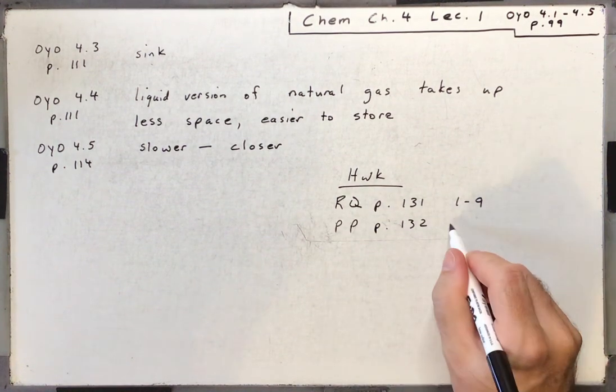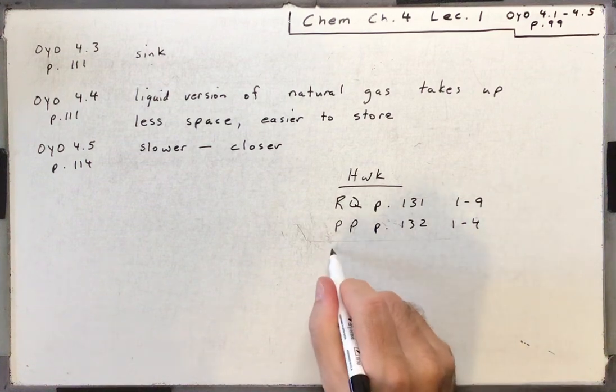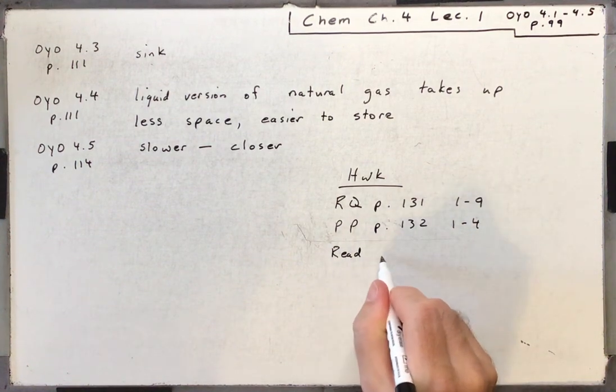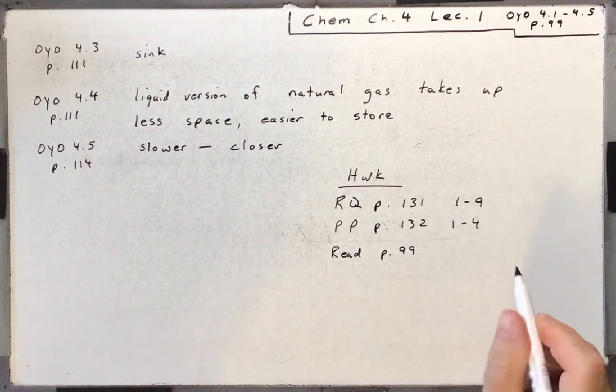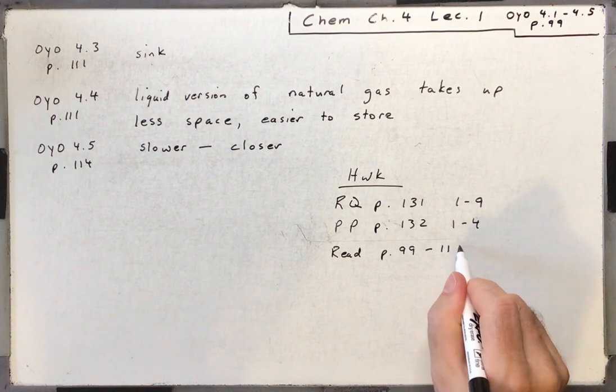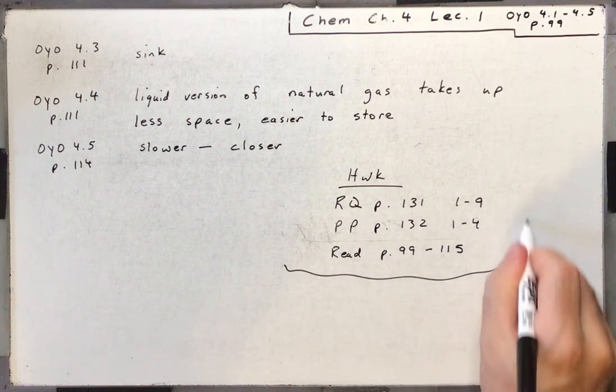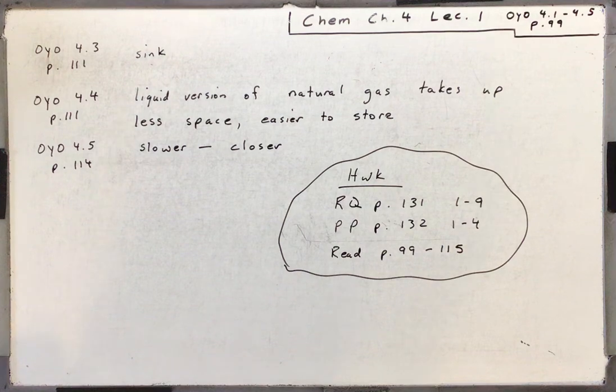And then you can do 1 through 4 and read page 99 through 115. And then we'll get into balancing chemical equations and predicting chemical equations on the next lecture.